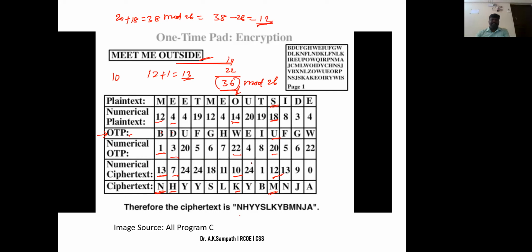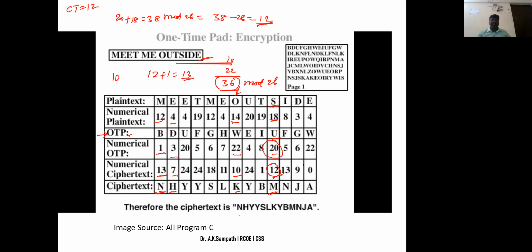Suppose you are getting this, I'll take some complex example, right? Now here, your ciphertext value is 12 and the key value is 20. How will you do it? Are you getting my point?